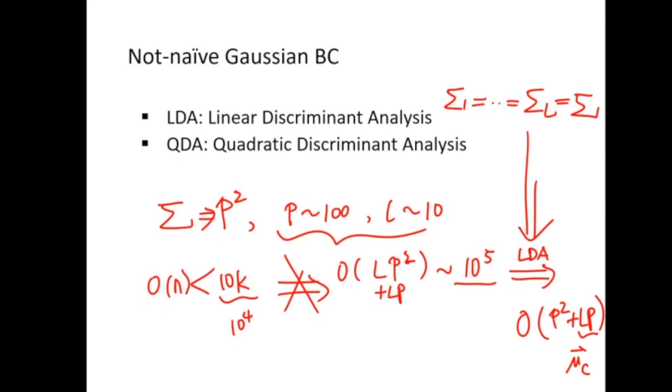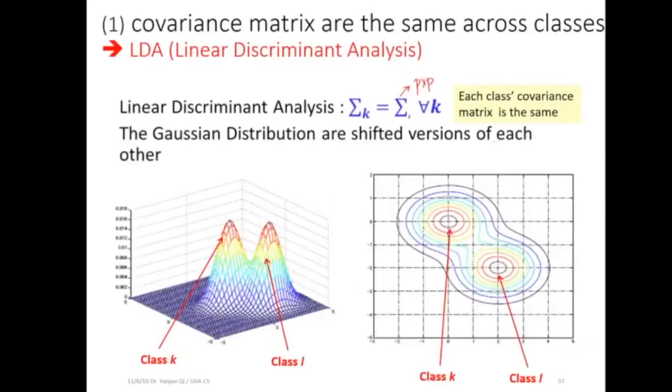So what does LDA look like? We already told you that the sigma matrix defines the contour shape. In a two-dimensional case, it essentially means each of my classes has the same shape of ellipse I'm estimating.